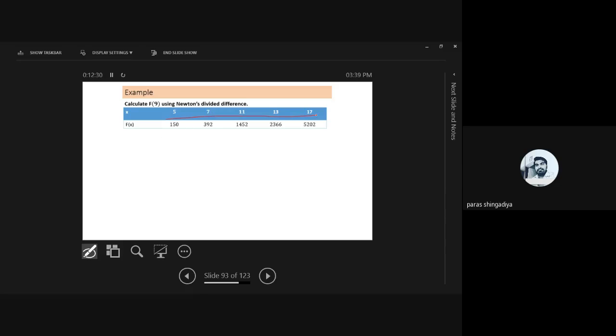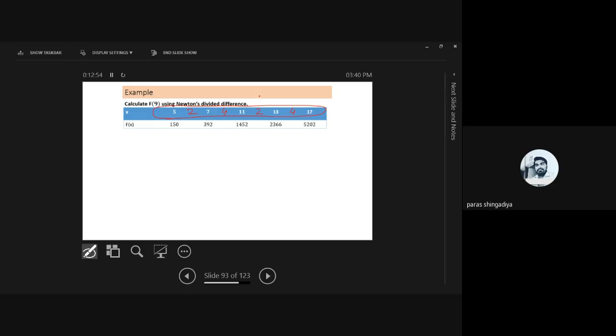These are unequally spaced data. The difference of 5 and 7 is 2. The difference of 7 to 11 is 4. The difference of 11 to 13 is 2. And the difference of 13 to 17 is 4. So they are not equally spaced data. If each difference is 2, then it is known as equally spaced data. But right now these are unequally spaced data.